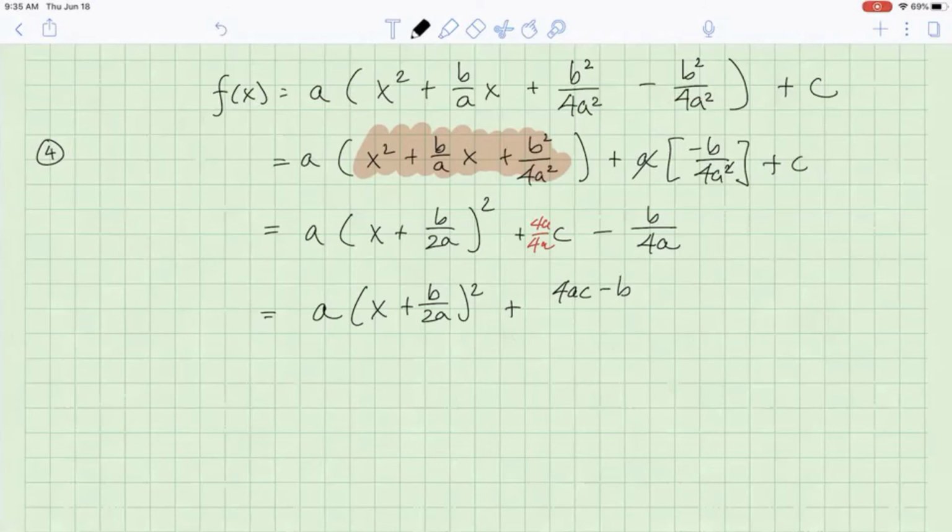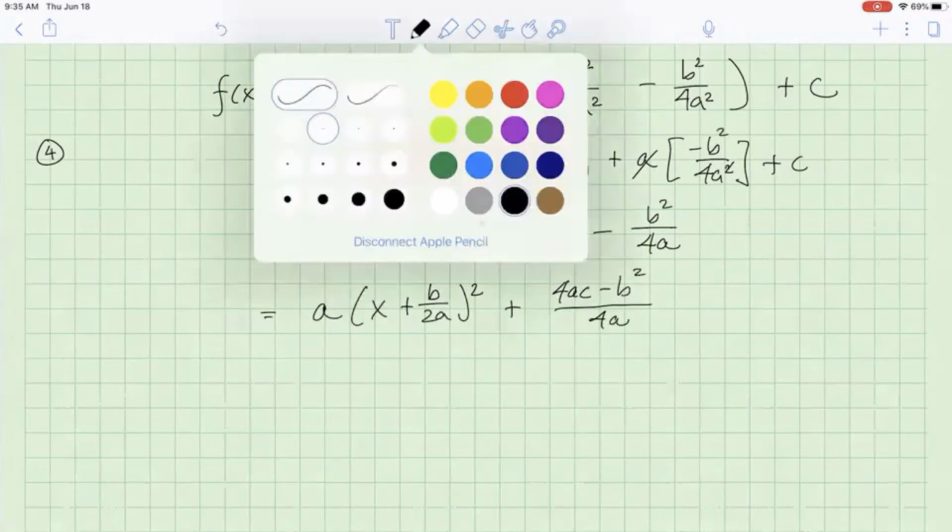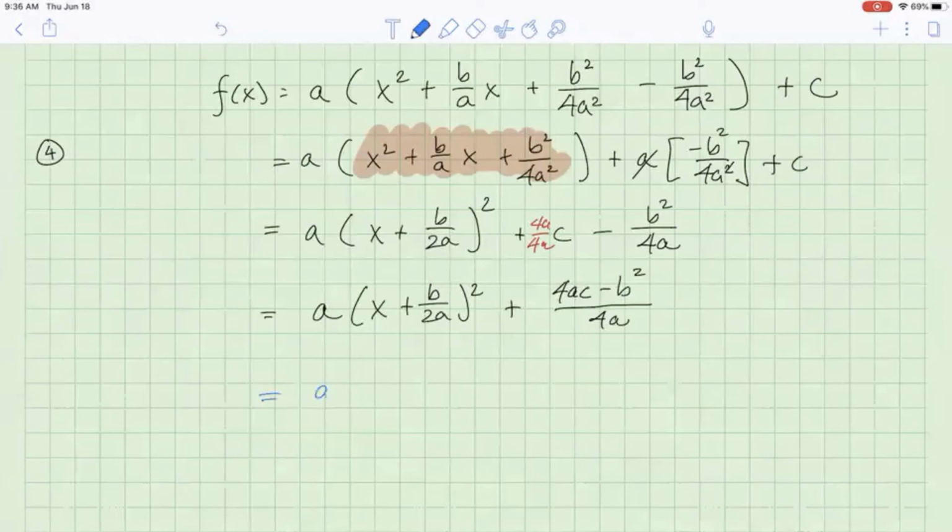Oops, I left off my square. I'm missing a square there, folks. All over 4a. And this is supposed to be equal to a times x minus h squared plus k. So I can identify these parts.